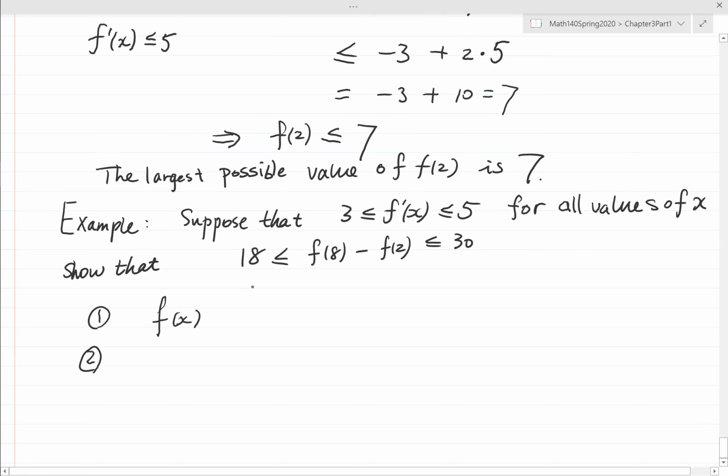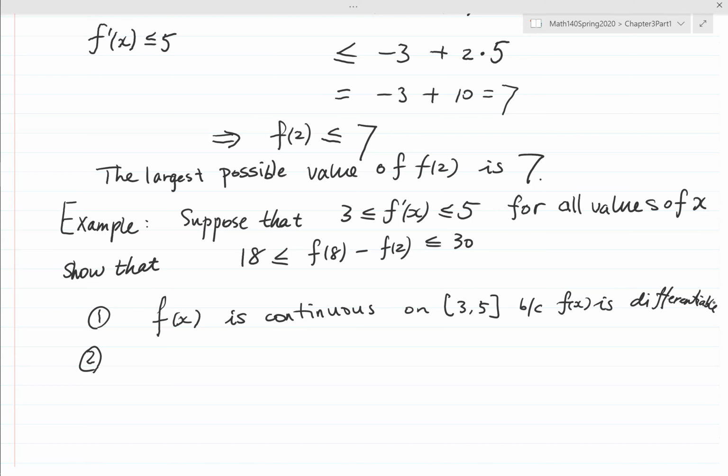The interval that we use is 3 to 5. f is continuous on the closed interval 3 to 5 because f is differentiable everywhere.